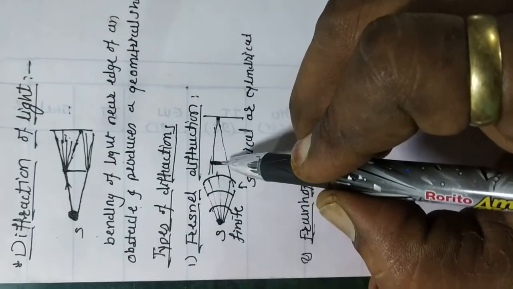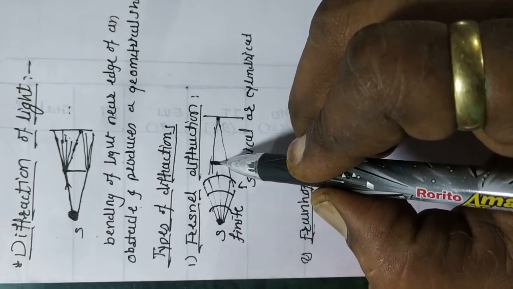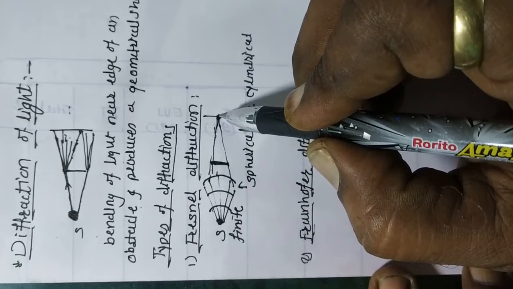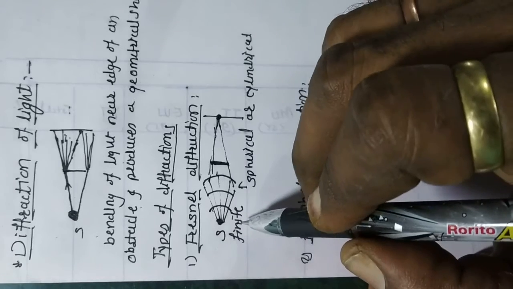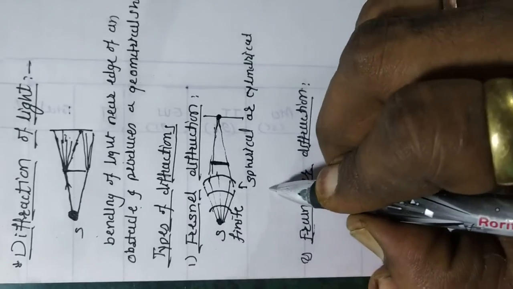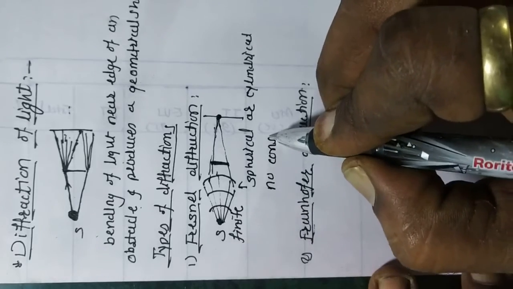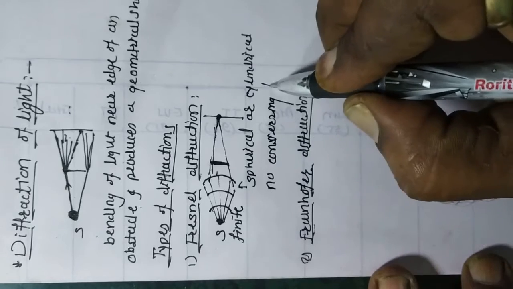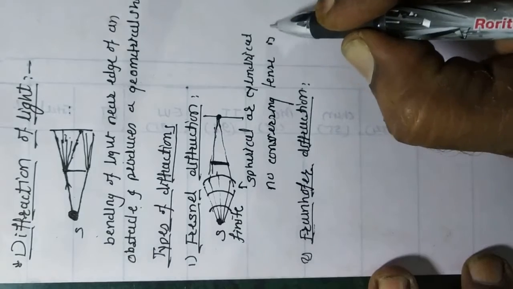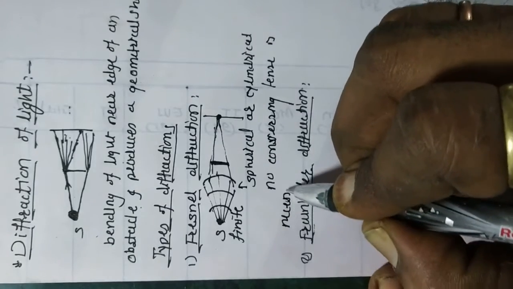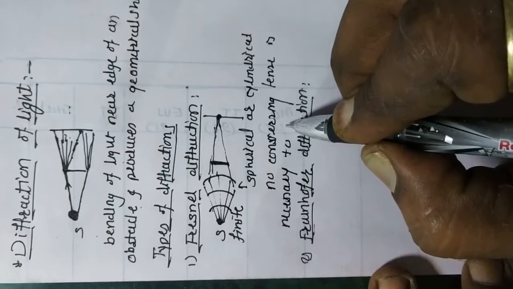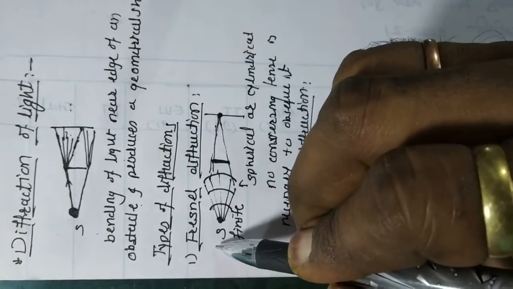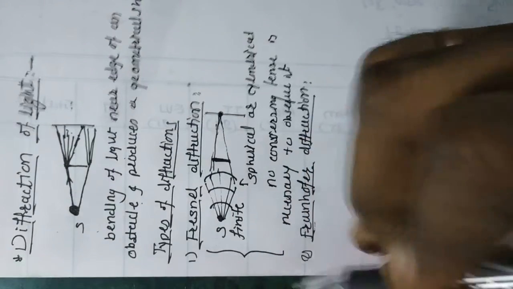And hence, after diffraction, light converges at a point on the screen and no converging lens is necessary to observe it. Such a type of diffraction is called Fresnel diffraction.